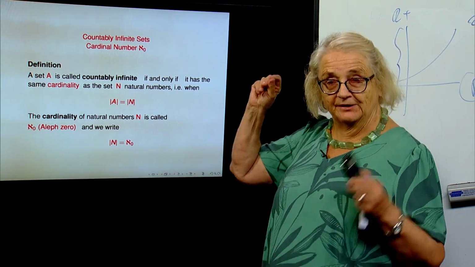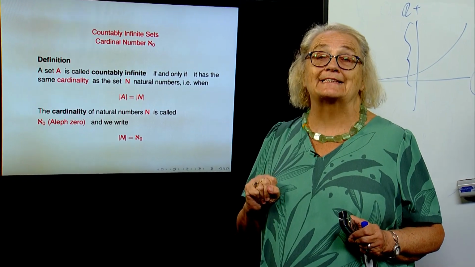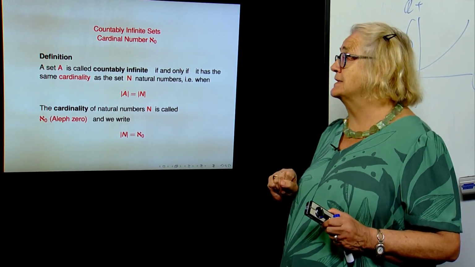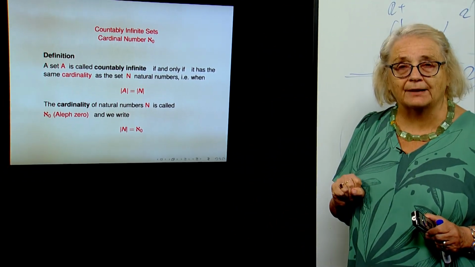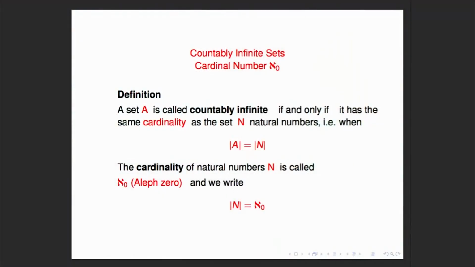The infinity of natural numbers is a special one, and we say that a set is countably infinite if you can count it by natural numbers. So it means it has the same cardinality as natural numbers.